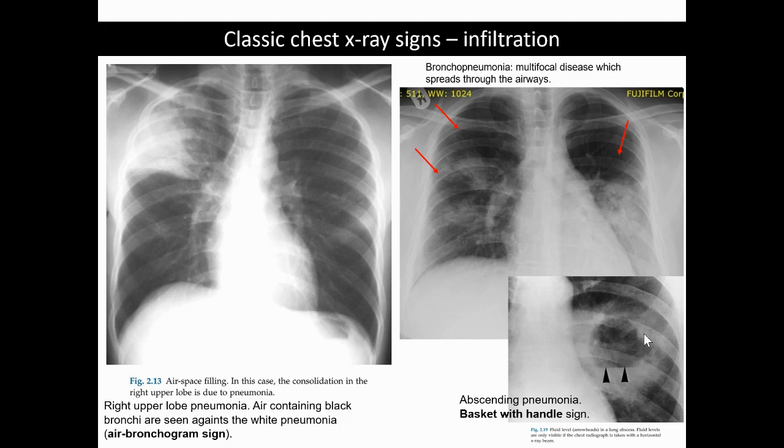But this is an inflammation, a pneumonia, and so if you see an air fluid level within a pneumonia, then that's an abscess, and that's a classic basket with a handle sign.